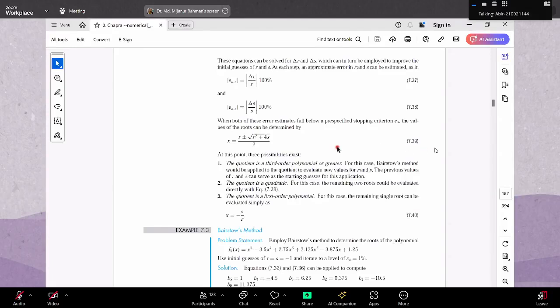First of all, the result will be a third order polynomial or greater, not less than. In this case, the Barrister method would be applied to the result to evaluate the new values of r and s.